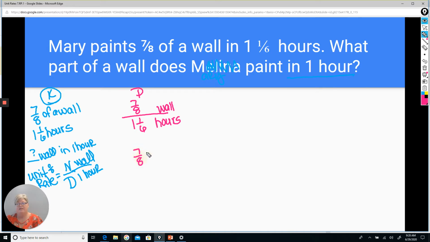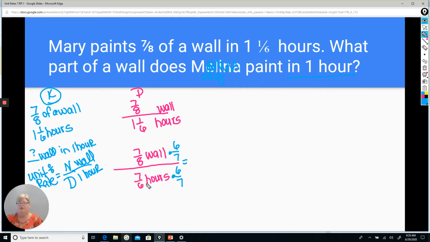So I have 7/8 wall over, and that would be 7/6 hours. So what I want to do is make my denominator a 1. So how do I make this a 1? Well, the only way to make a fraction a 1 is to multiply by the reciprocal, which would be 6/7. But also remember that if you multiply the denominator by 6/7, you have to multiply the numerator as well.